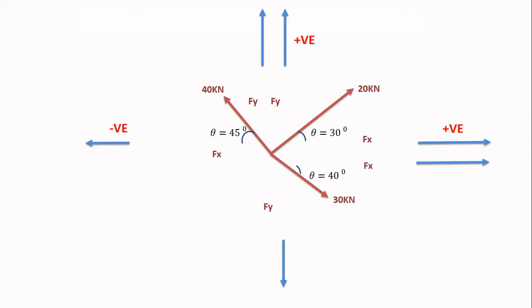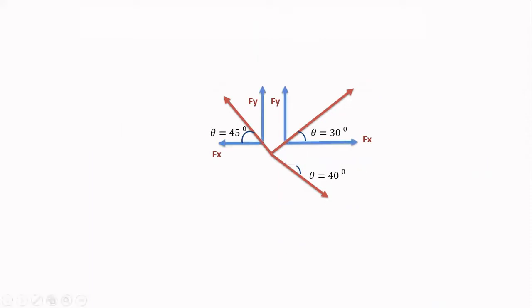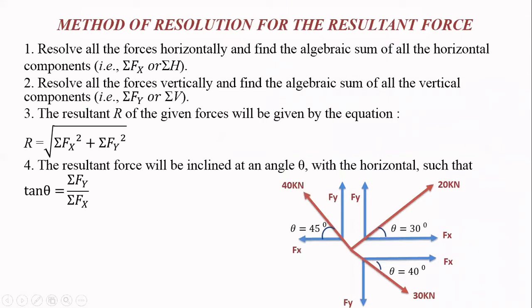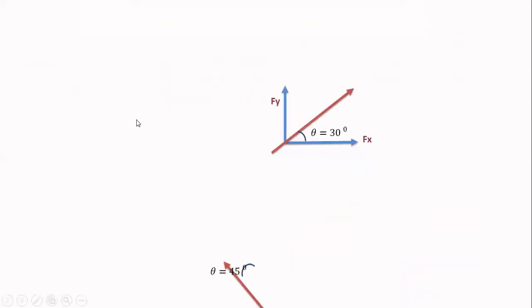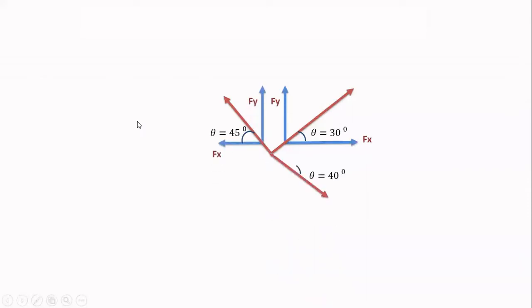When we make the summation of all these forces, summation of Fx and summation of Fy, we have to use this sign convention. When the force is going to the right side, we treat it as positive. When the force is going to the left side, we consider it as negative. Whatever the summation, we have to put that in the formula. Have you understood how we use these sign conventions?